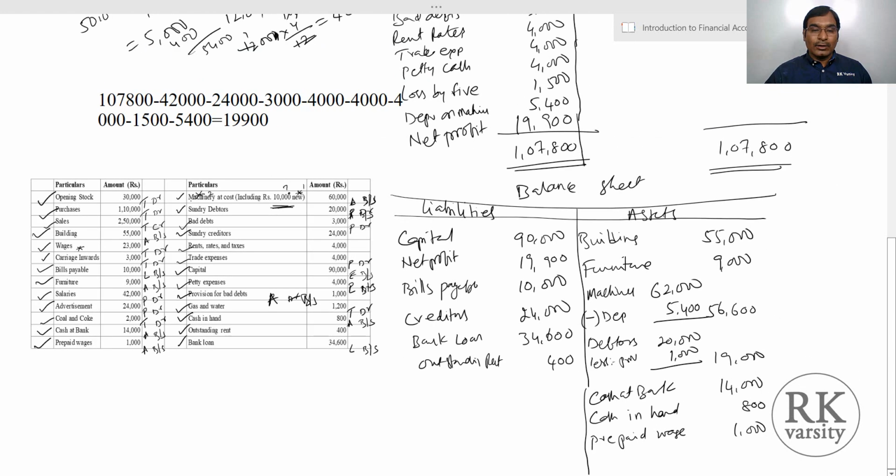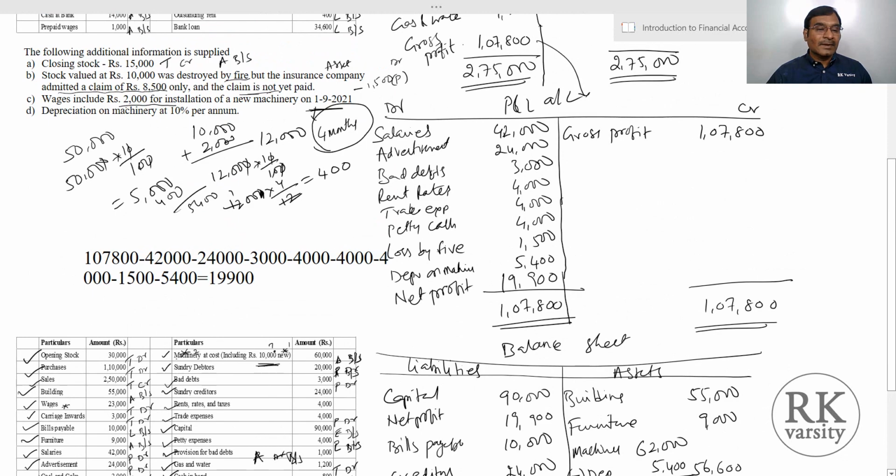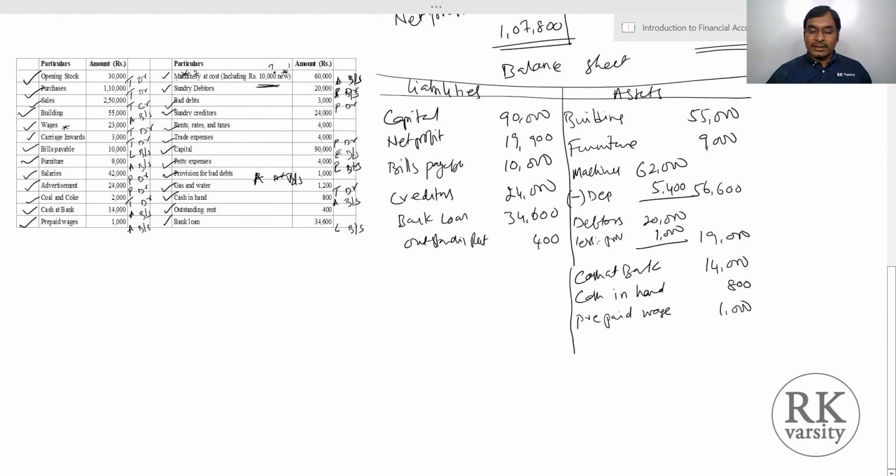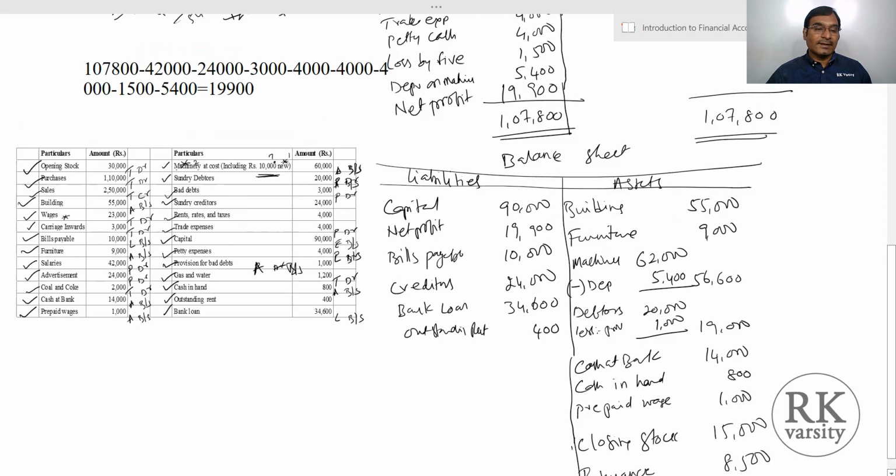Now we look at our adjustments. So closing stock is 15,000. Closing stock is an asset. So we'll write here closing stock is 15,000 and the insurance claim that you are supposed to receive is 8,500.